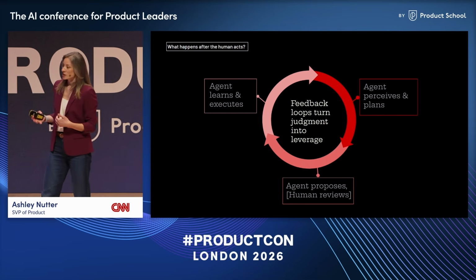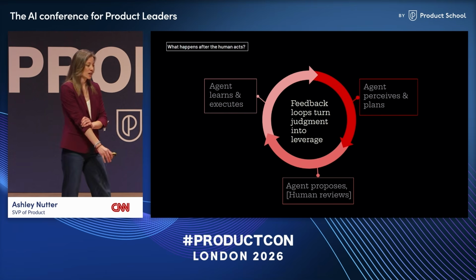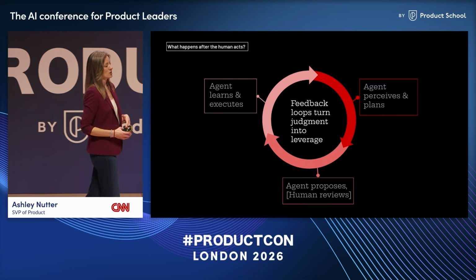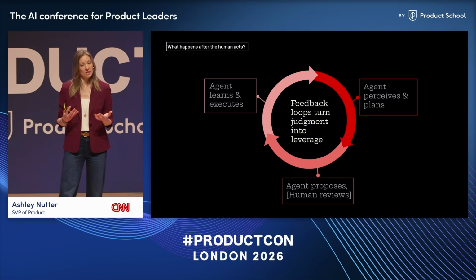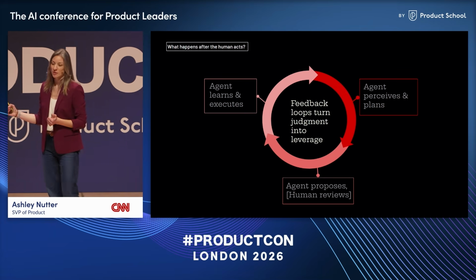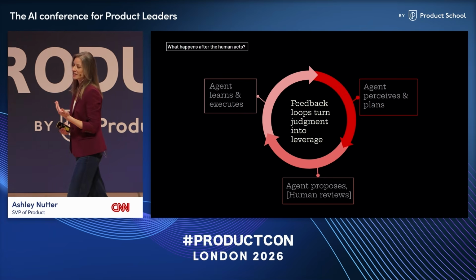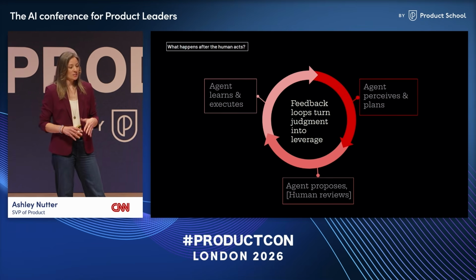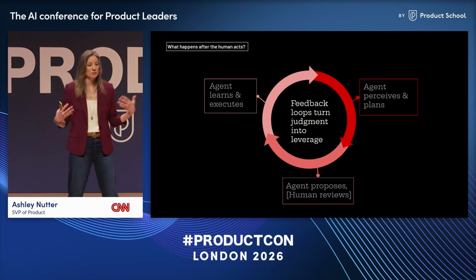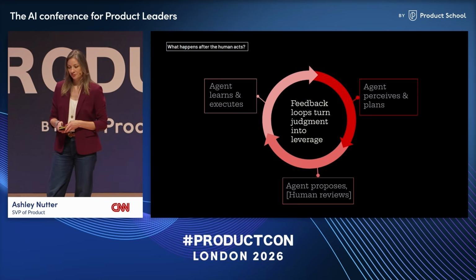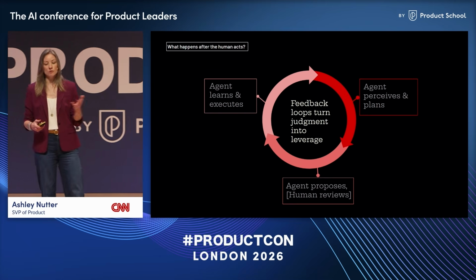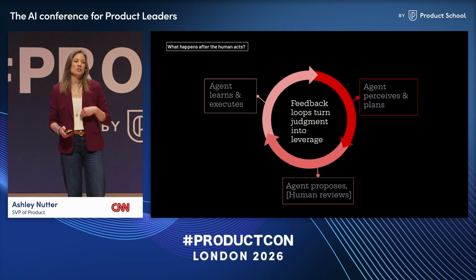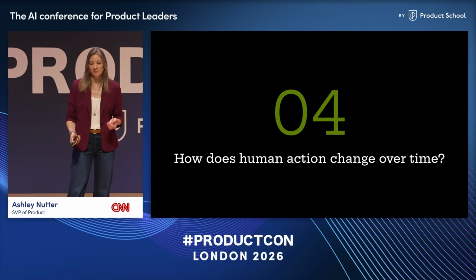One example we saw is in 2025, we had an editorial assistant tool that continuously referred to Kamala Harris as Vice President Harris. Editors continuously updated that to former Vice President Harris, and that ultimately helped us identify a gap in the way our system was updating for new information. So ultimately, if your review reduces workload, then your judgment becomes leverage.